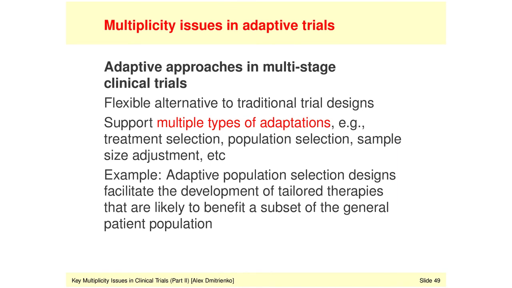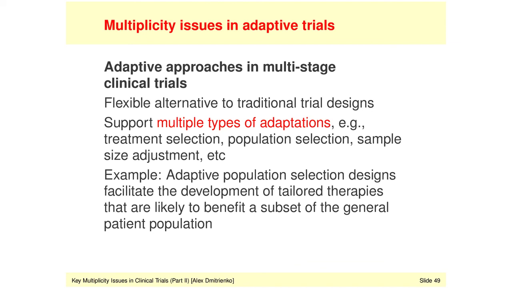In this module, we have explored a broad class of problems that trial sponsors encounter in adaptive trials that employ multi-stage designs. These designs provide a flexible alternative to traditional trial designs with a fixed sample size and a single decision point. In the context of multi-stage designs, at the end of each stage, the sponsor can apply a variety of data-driven decision rules.